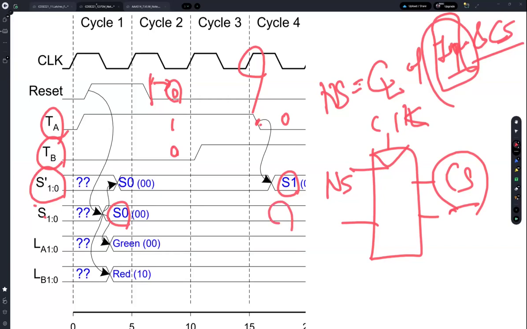Sometimes you can be confused because we are not familiar with the timing diagram of the system, but we need to understand: the next state is changed immediately by the input, but the current state is not updated.